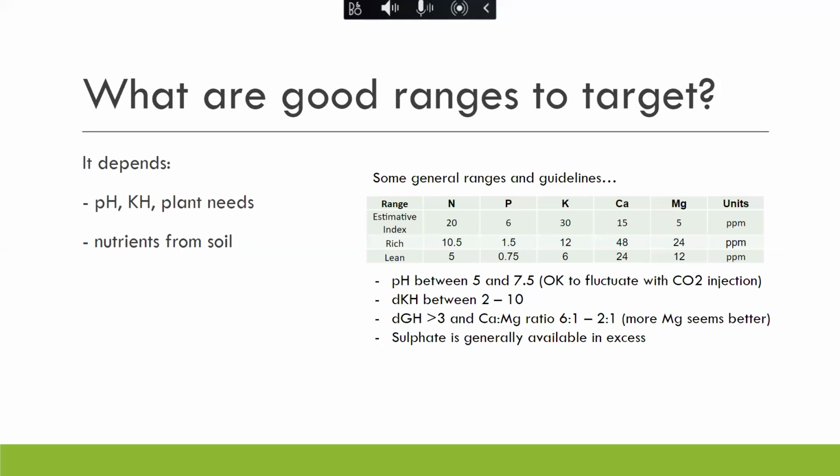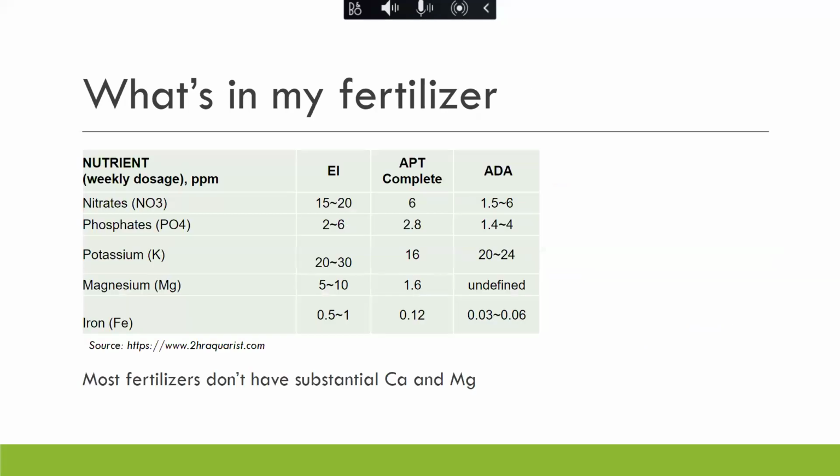Many of the salts that you may be adding, if you're like me making your own fertilizer, are sulfate salts. And plants are not sensitive to having too much of it unless it's ridiculous. So it's generally available in excess and something that you don't really need to worry about.